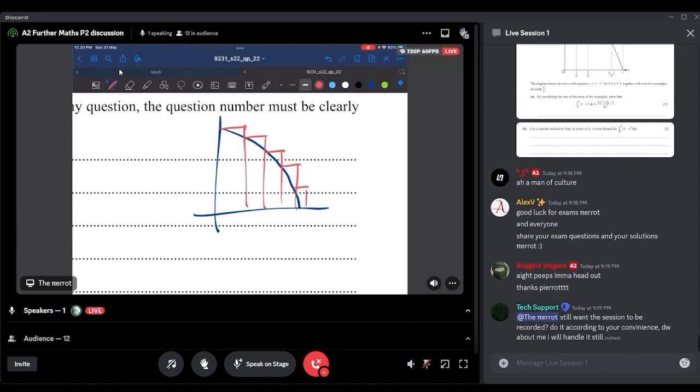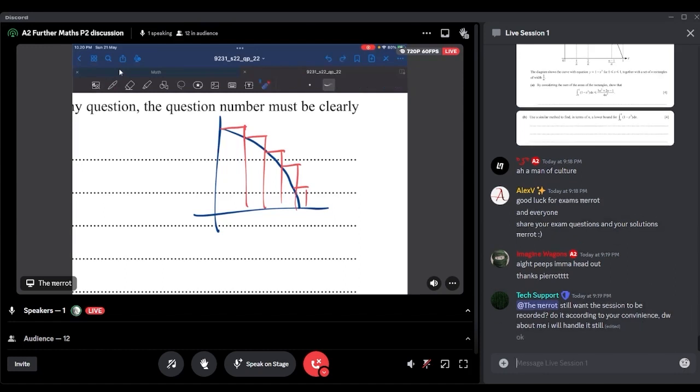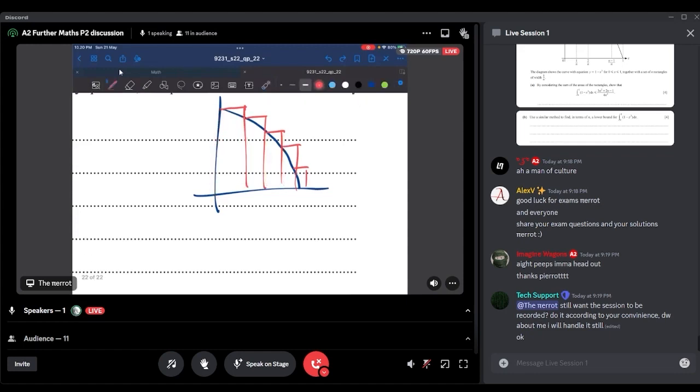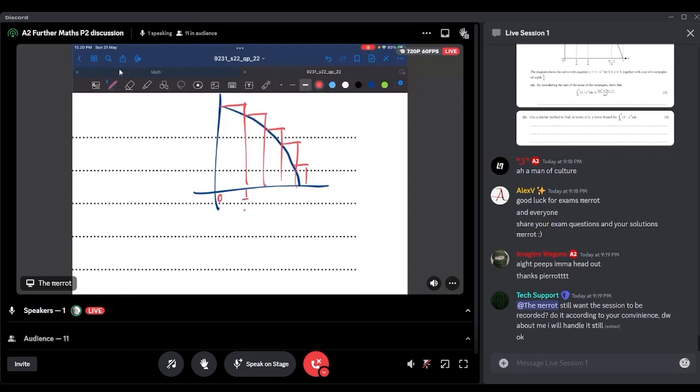So that means you have to take the height at the left side, right? This left height here. So this is when it's at 0, 1 over n, 2 over n, up to, well, don't take it when it's at 1, but take it at n minus 1 over n. So it should run from 0 to n minus 1.